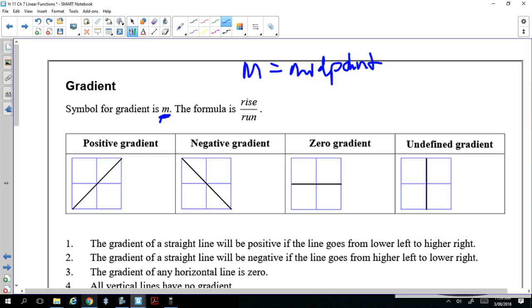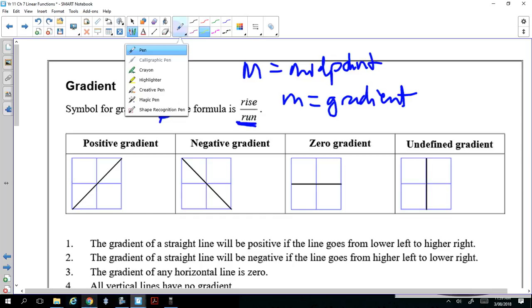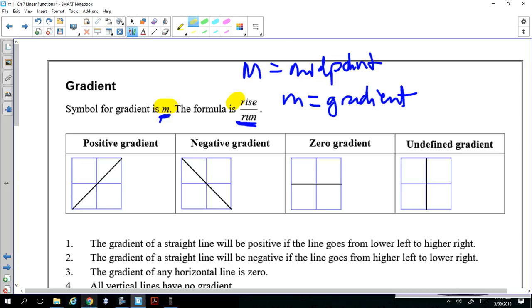Okay, let's highlight this. Alright, so let's look at a few simple examples. That's a positive gradient because if you do rise over run, you get 2 over 2, which is 1, right? The gradient.